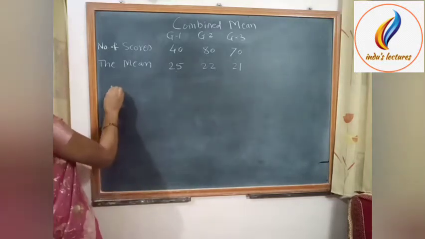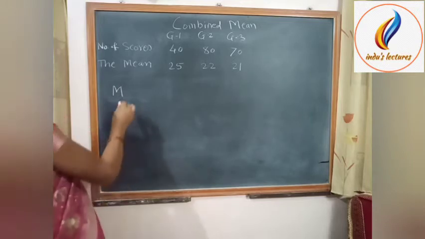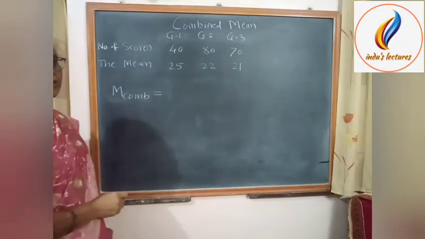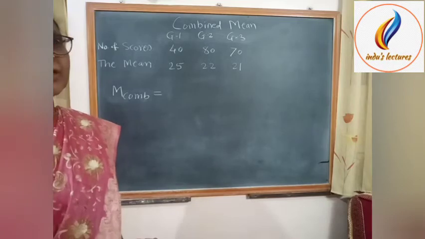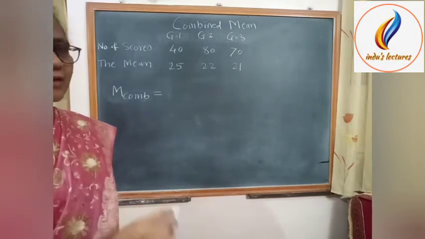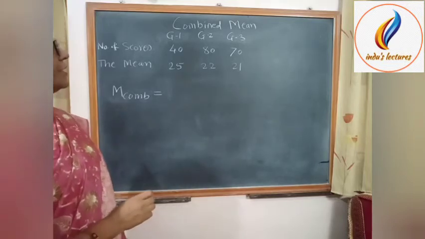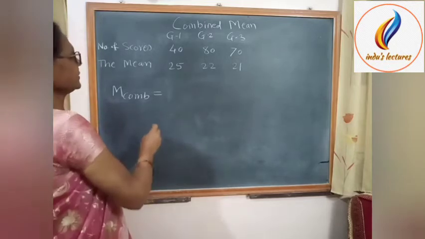We know the formula for the combined mean is n1 m1 plus n2 m2 plus n3 m3 up to nk mk, divided by the total number of scores, n1 plus n2 plus n3.